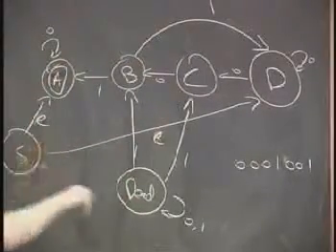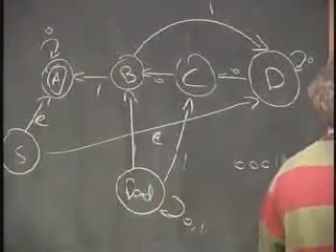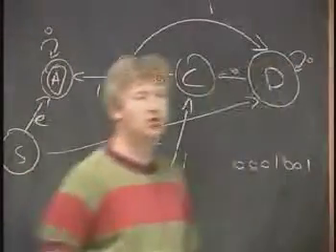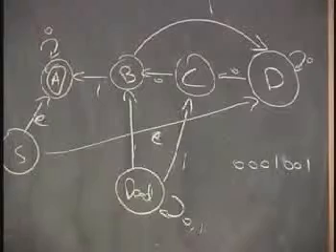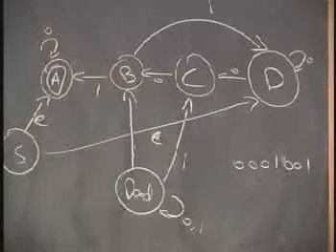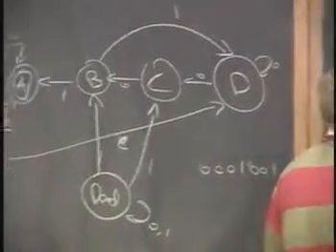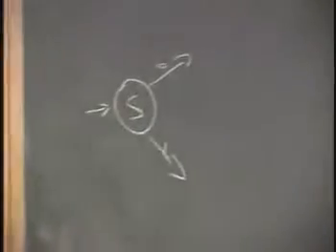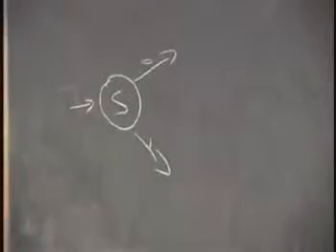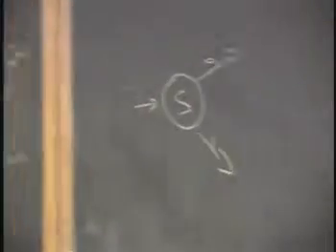Let's convert this to a deterministic machine by keeping track of what this non-deterministic machine is doing. We start in the same start symbol. And now we can see either a 0 or a 1. Where might this machine end up if the first symbol it sees is a 0?